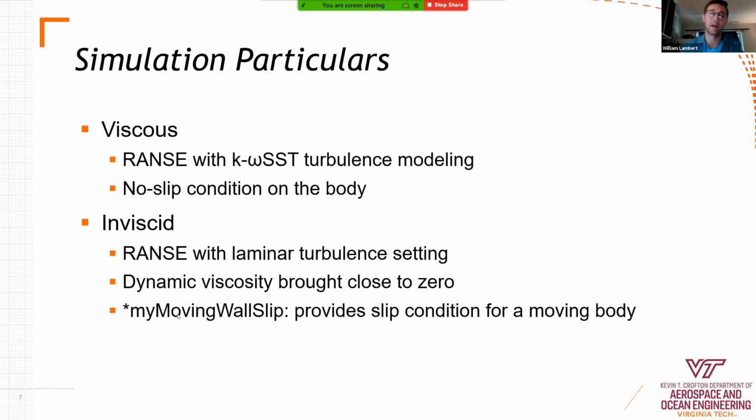We actually had to find an external boundary condition for the body. It's called moving wall slip, to provide a slip condition on the body when the body is actually moving instead of having the fluid move over the body. So that's how we imposed the slip condition over the body for the inviscid case.